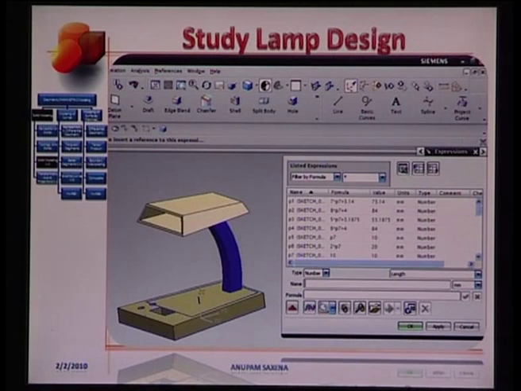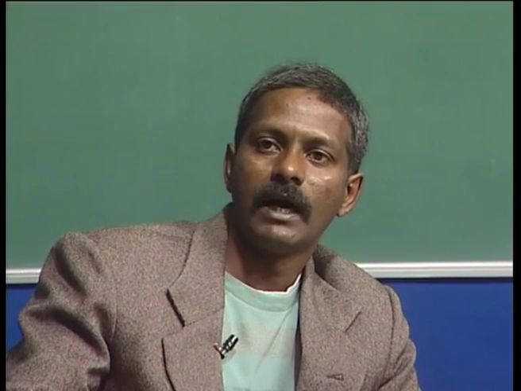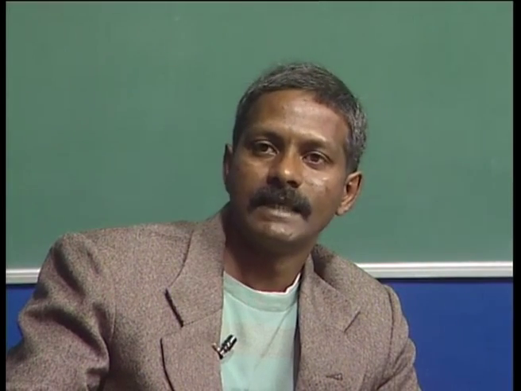These are different relations that Shailesh had used to design this lamp. Parametric solid modeling allows us to choose different features in the design and modify them locally so that we do not have to undergo the entire painstaking design procedure.